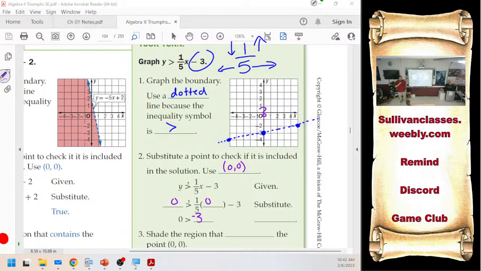Mental math, me, Monday after my weekend. 0 greater than -3: is being flat broke better than owing someone $3? I'd rather be flat broke. So since this is true, that means everything on that side is true. I'm going to shade the region that includes the point 0, 0.